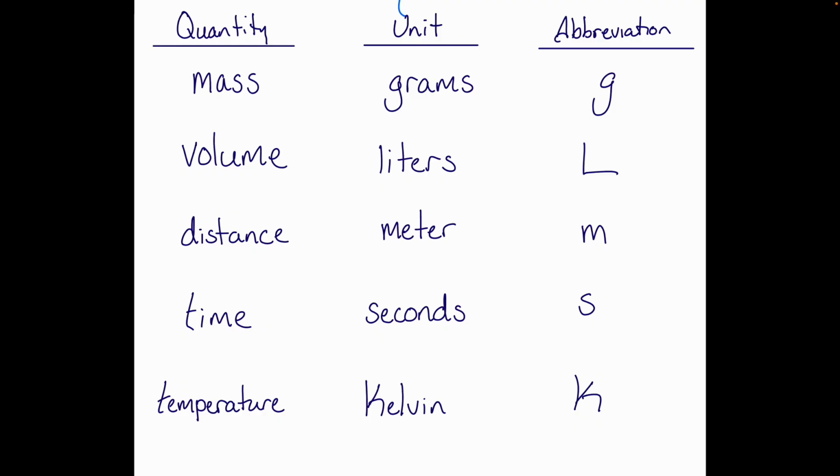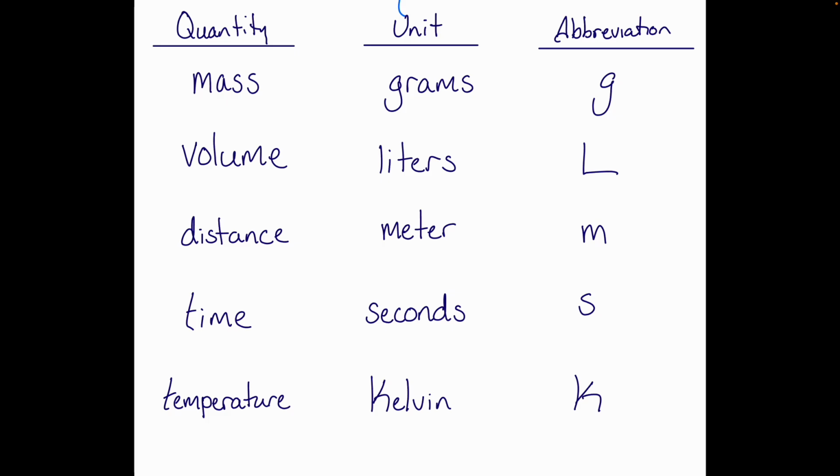We never use Fahrenheit, which is what we use in America, but we do use Celsius quite often. It turns out that there's something fundamental about this unit Kelvin, and I'm going to punt on discussing what that is until we talk about our gases chapter. But nonetheless, there's a reason why Kelvin is considered to be our special base unit for temperature here, although we will commonly use Celsius as well.